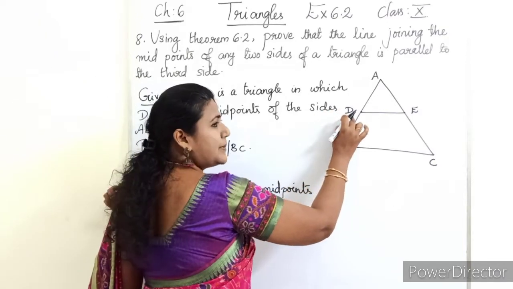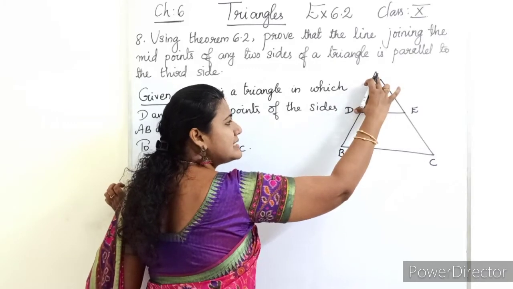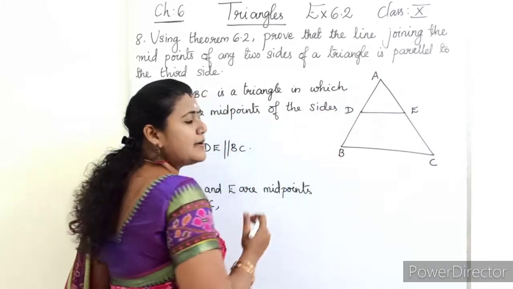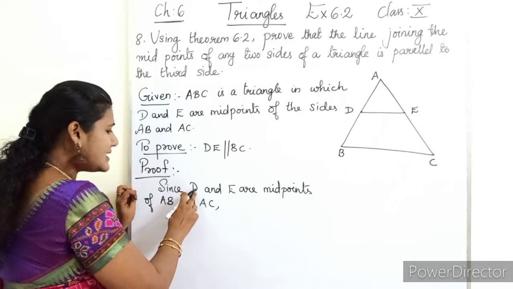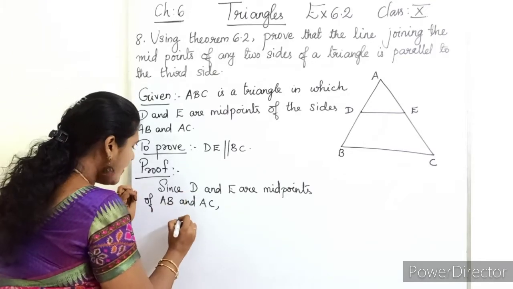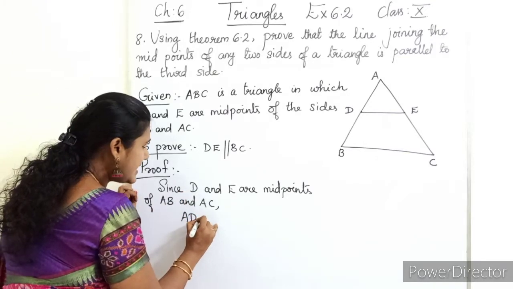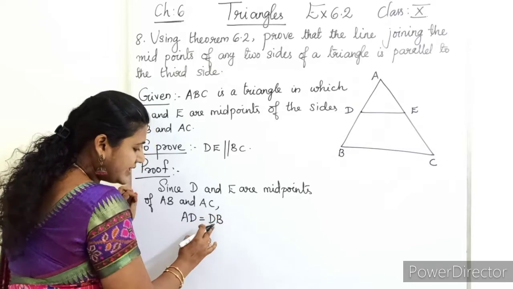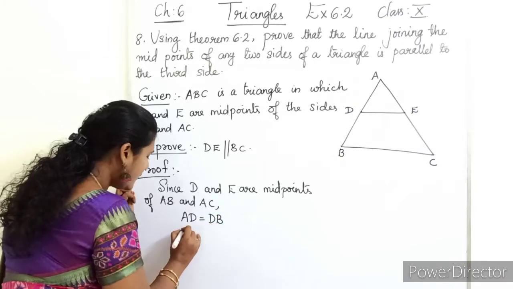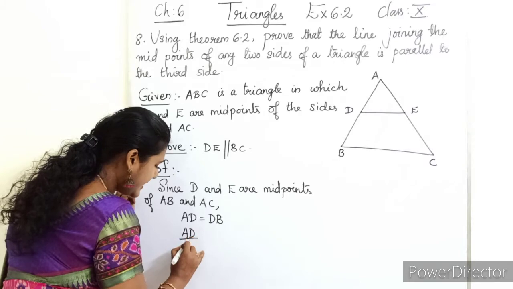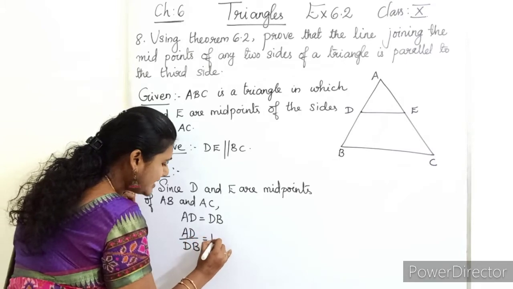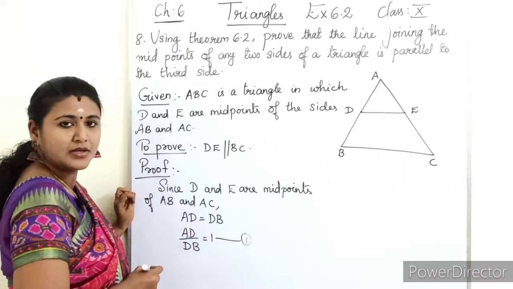Since D is the midpoint, what is its meaning? This distance, that is AD and BD are equal. So since D is the midpoint of AB, we can write AD is equal to DB. We will take this DB to the left side. So we can write AD by DB is equal to 1. So this is the first equation.